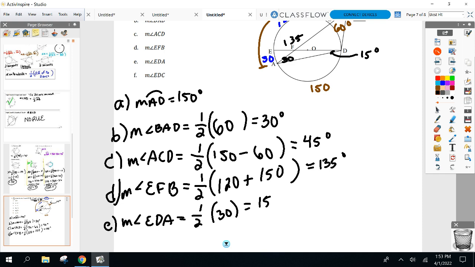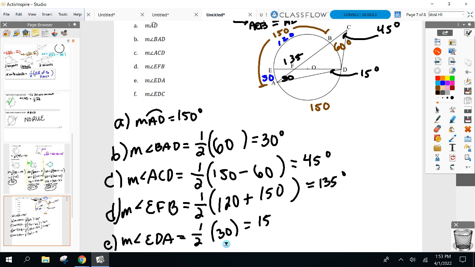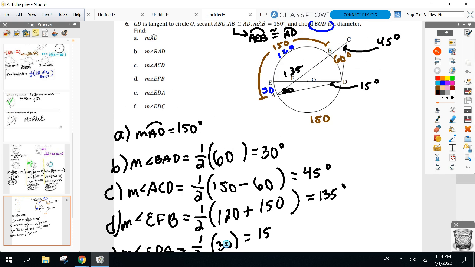And then I got one more, EDC. Inside. Outside. Tweener. Everyone agrees? How is that angle formed, by the way? Let me highlight that sucker. EDC, sorry.